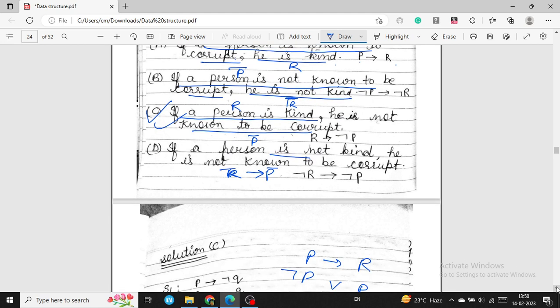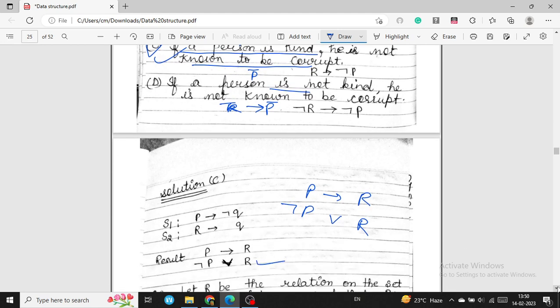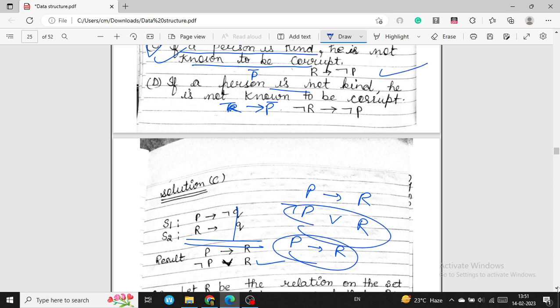Here I have given these two statements. When we solve it, you can solve it like this. This will be finished: P implies R. When we solve it, we find this, and this answer is matched with this.